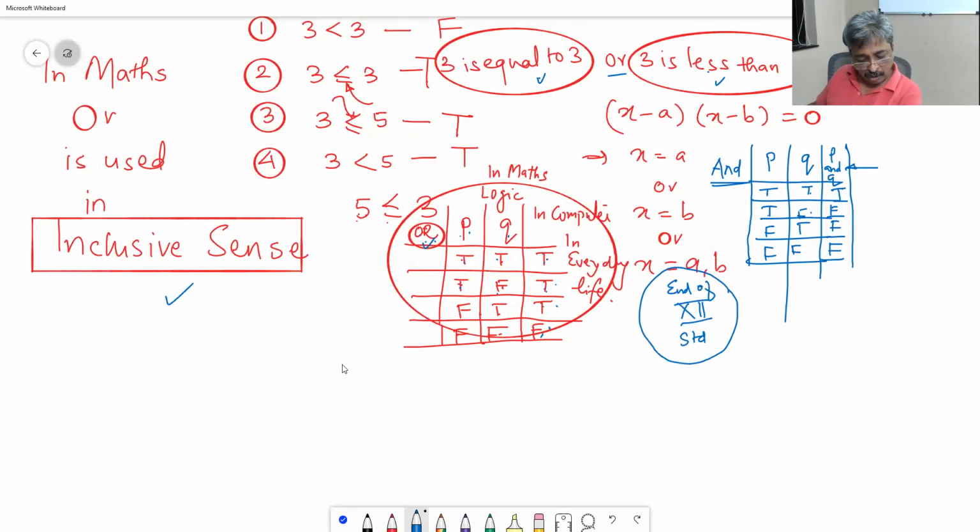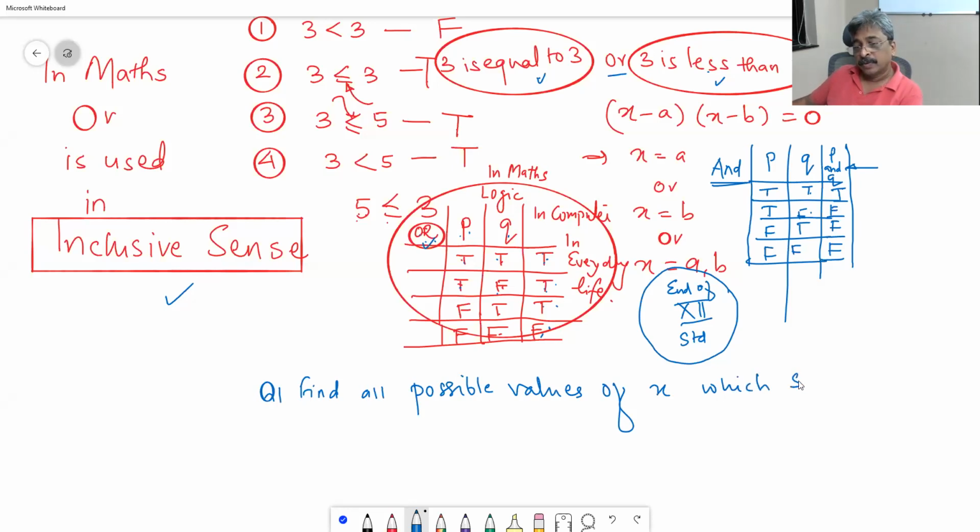Question 1: find all possible values of x which satisfy x square is less than or equal to 25.